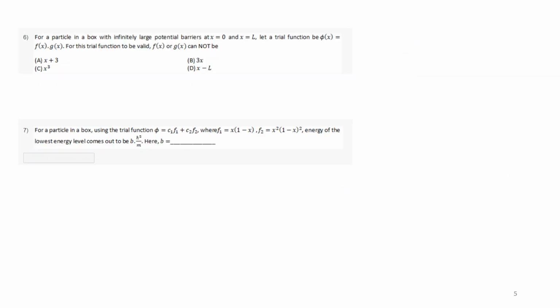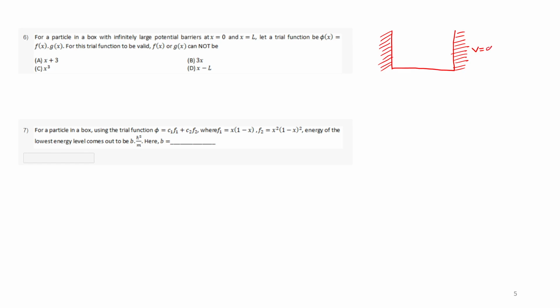Now let us go to another question. That question states that for a particle in a box with infinitely large potential barriers at x is equal to 0 and x is equal to L. Obviously, let me draw you the usual particle in a box potential.